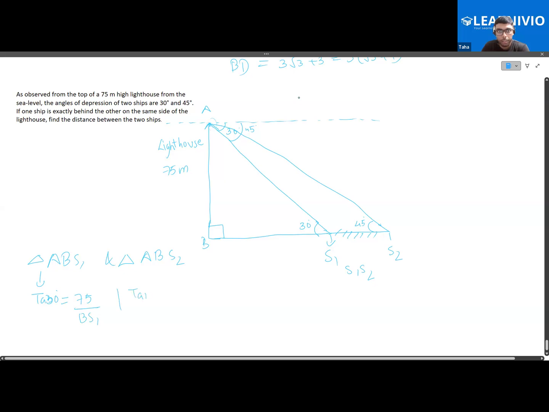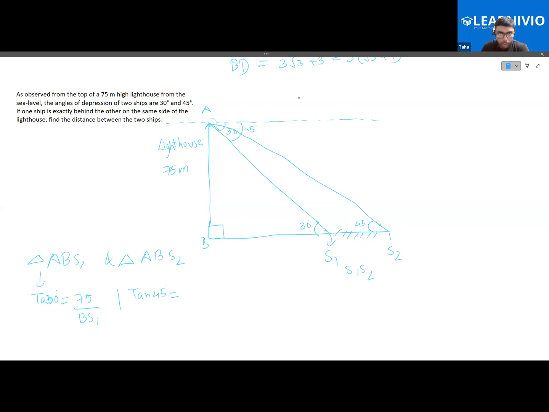And over here, tan 45 would be 75 by BS2, right? And S1 S2 is not the sum of BS1, BS2; it is BS2 minus BS1, right?